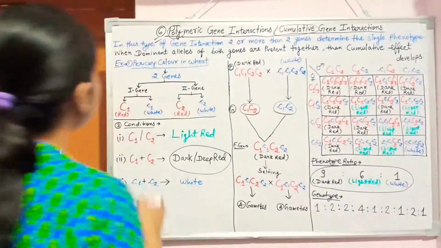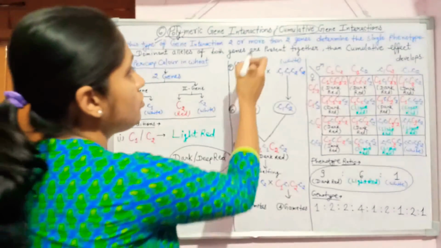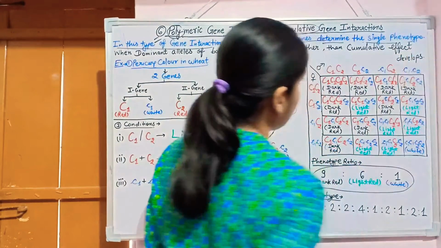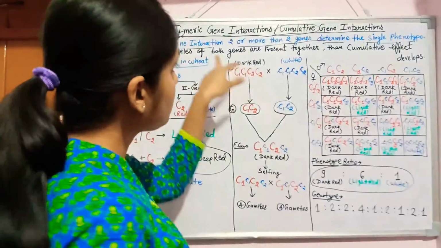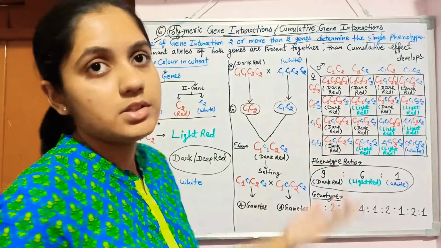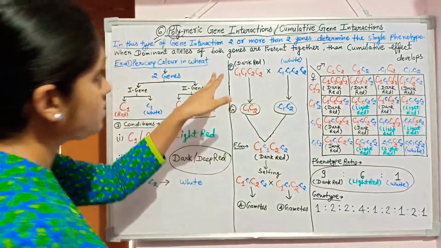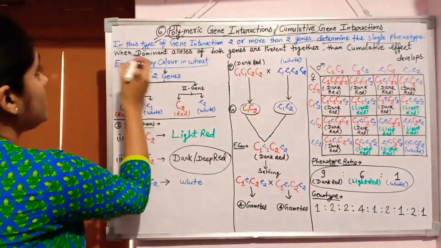First of all, in this type of gene interaction, two or more than two genes determine a single phenotype, because it is an intergenic type of gene interaction. So two genes are involved, and it is polymeric.